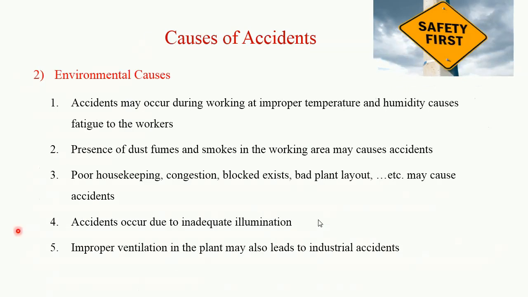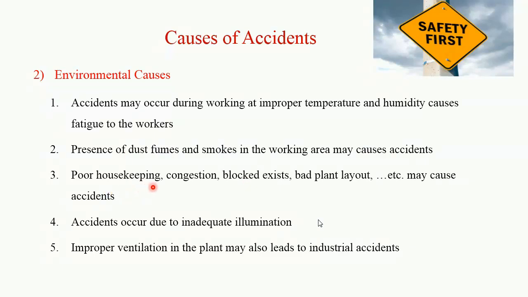And there are some accidents which are caused by the environment. Accidents may occur while working at improper temperatures, and humidity causes fatigue to the workers, due to which there is a chance of accidents. The presence of dust, fumes and smoke in the working area may cause accidents.